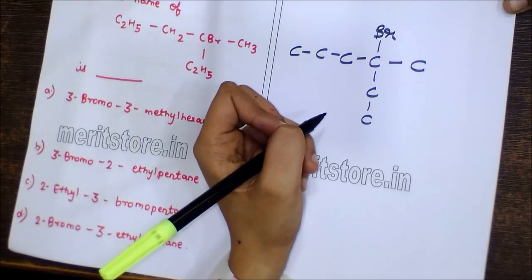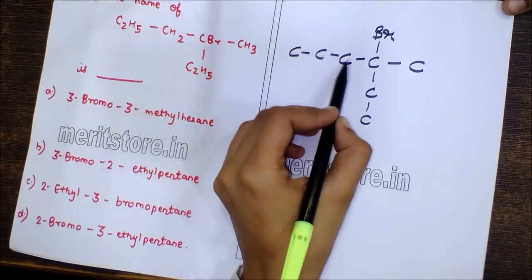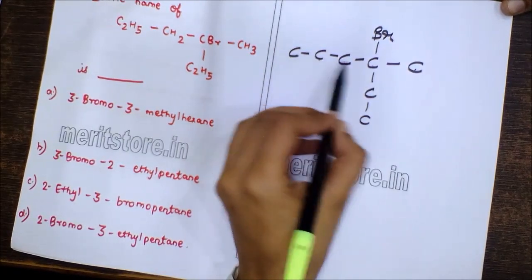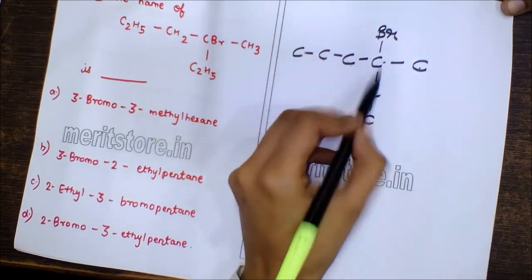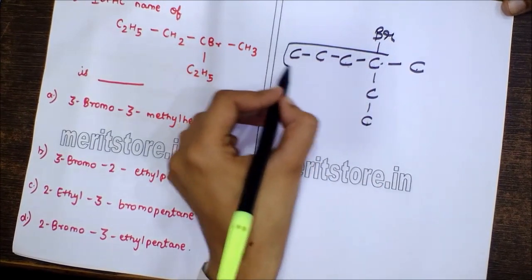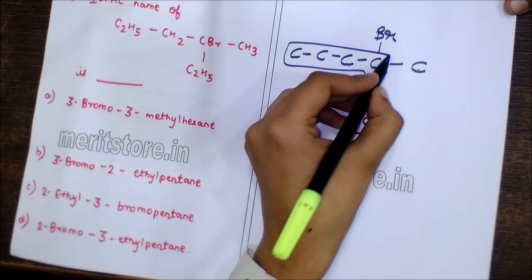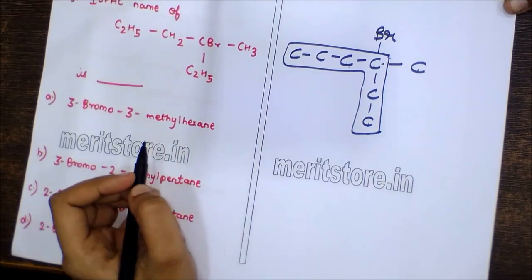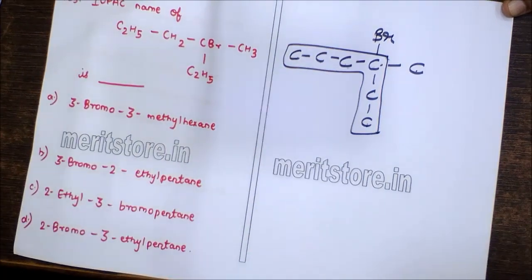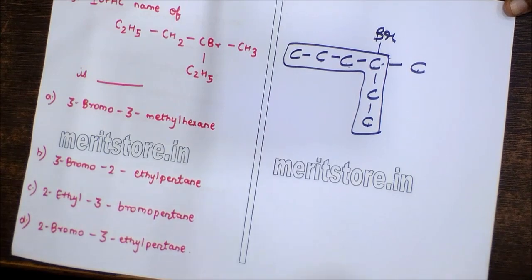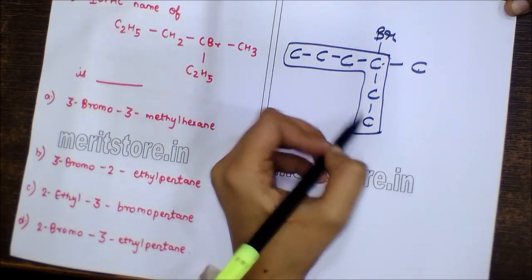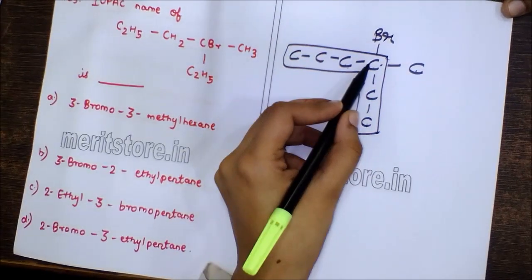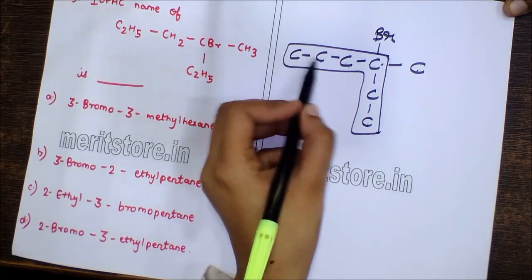Over here, first let's find the longest chain. 1, 2, 3, 4, 5, and 1, 2, 3, 4, 5, 6. So this is my longest chain. I'll mark my longest chain. After marking it, we'll apply the shortest number rule. Counting from here, it is 1, 2, 3, and counting from here, it's 1, 2, 3, 4.